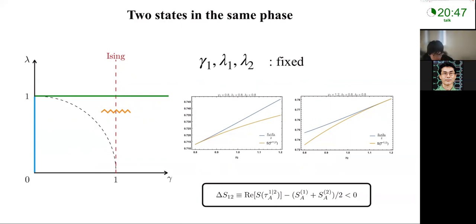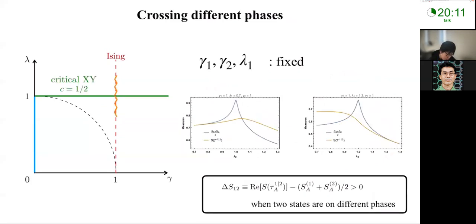Since in this case we have two states always in the same phase, nothing special should happen. But indeed, as you can see from this figure, in this parameter region, pseudo entropy is always smaller than the average entanglement entropy. I picked a particular parameter region, but anyway, these two parameters live in the same phase. So in this example, delta S12 is always negative.